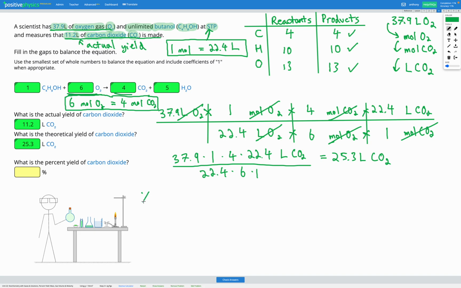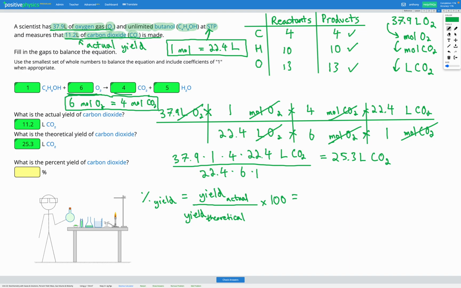So for our percent yield, we're going to do our actual yield divided by our theoretical yield and we're going to multiply that by 100.